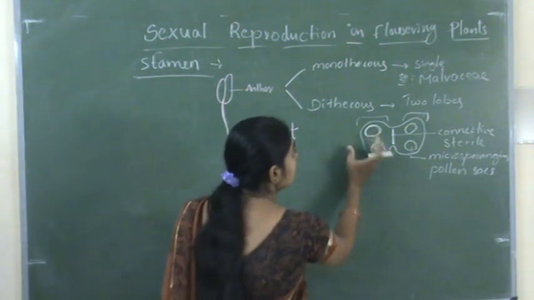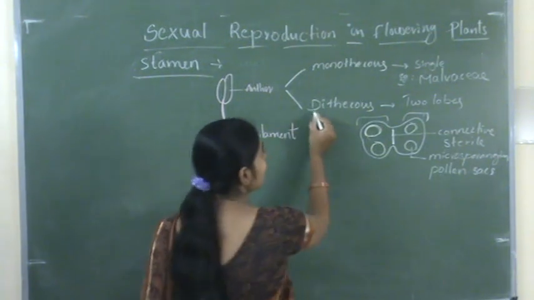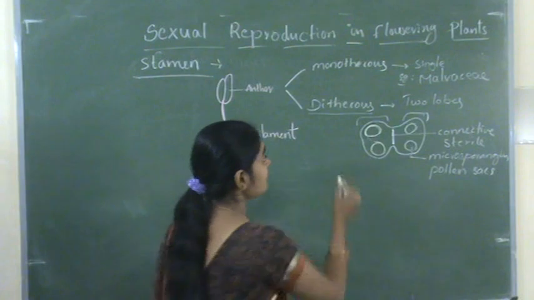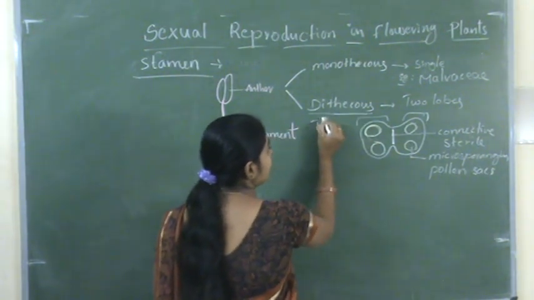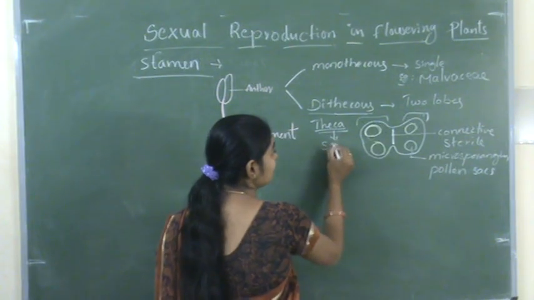In the majority of angiosperms, this is a dithecous type of anther. Theca means sac.